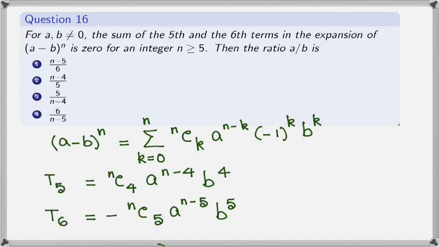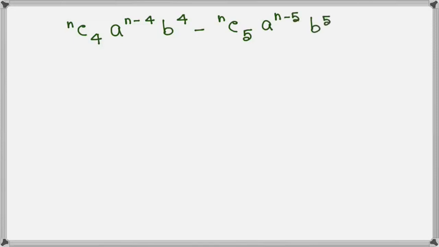We are given that T5 plus T6 is equal to 0. So therefore we have nC4 into a to the power n minus 4 into b to the power 4 minus nC5 into a to the power n minus 5 into b to the power 5 is equal to 0.